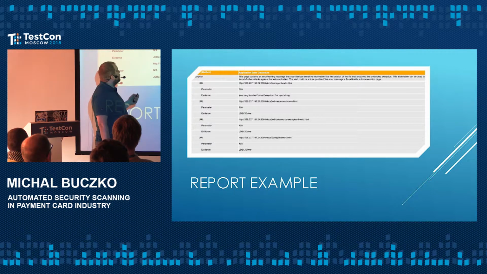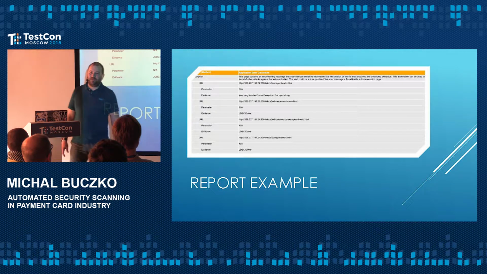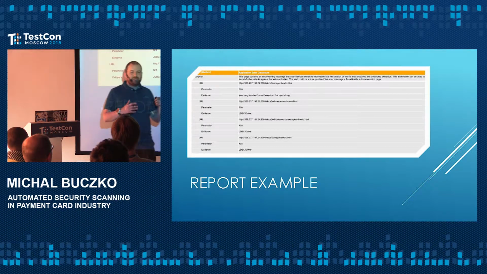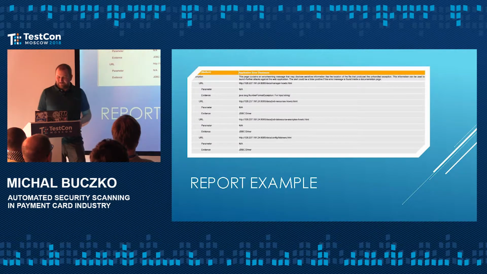And then you get the URL, sometimes the parameter which is being affected, and the description. Sometimes at the bottom you even get possible fixes that you can apply to your system. So it gives you all the insight possible. It gives you the way you can try to reproduce it. And then you can just sit down with developers, go through that list and check it.